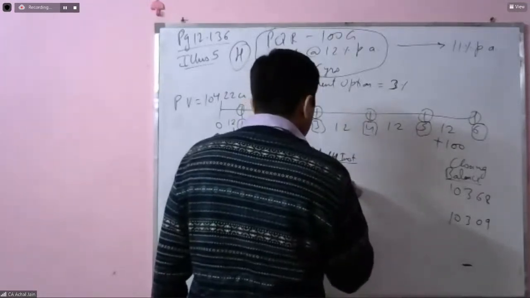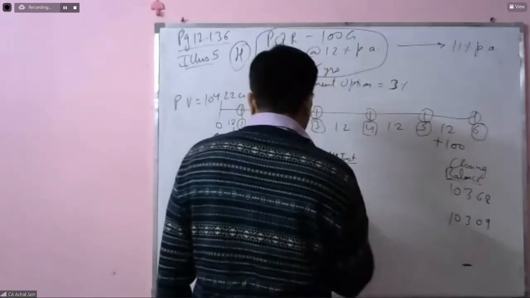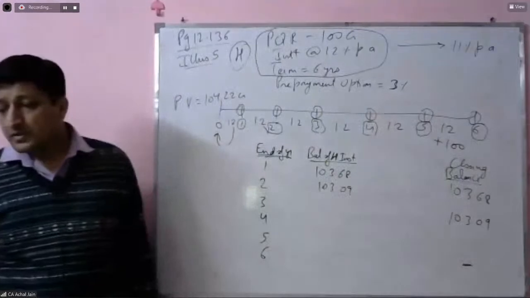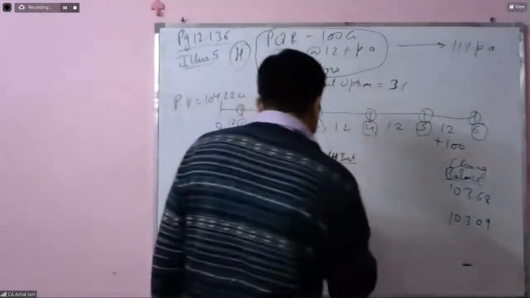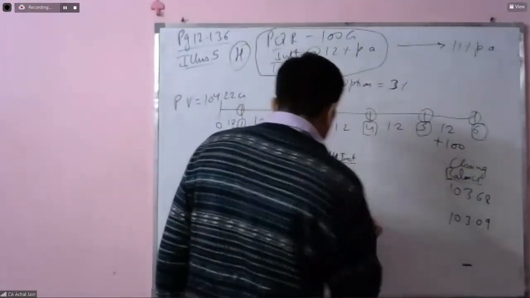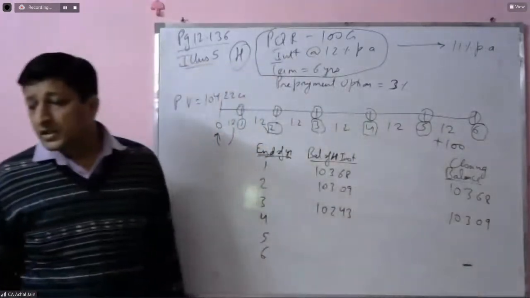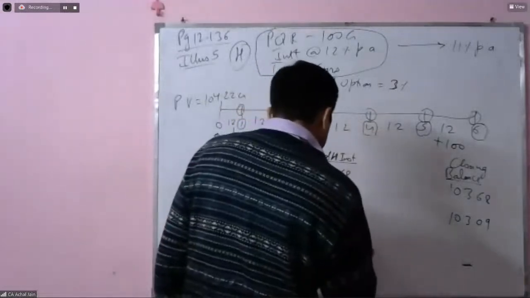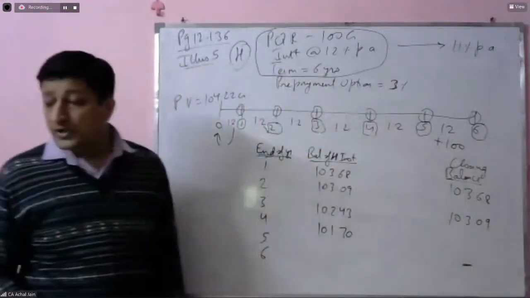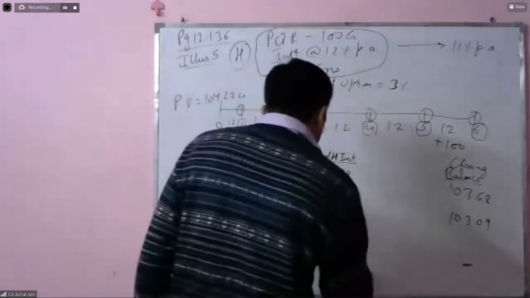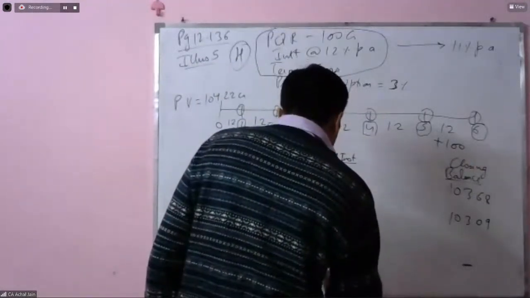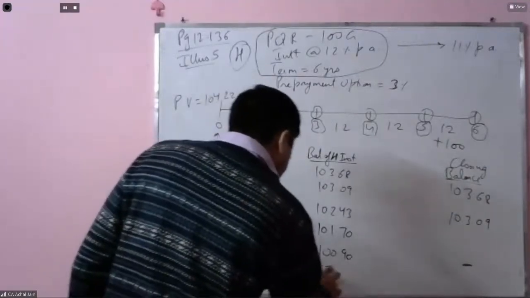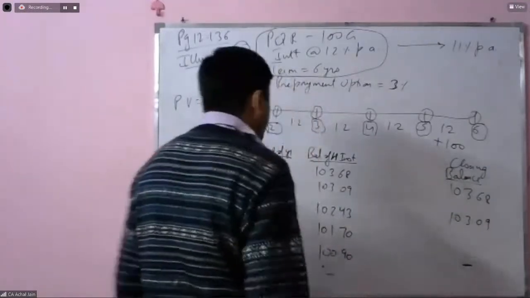This was 103.68, 103.09, 102.43. Fourth year, the amount is 101.70. Fifth year, the amount is 100.90. And in the sixth year, the balance becomes 0.